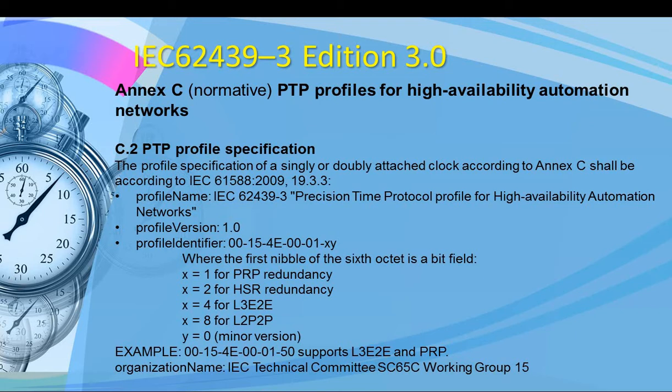The profile is called profile version 1.0, and the profile ID is 00-1B-19-00-01-XY. What do X and Y mean? We can use this for PRP networks, HSR networks, L3 E2E, and even L2 P2P.